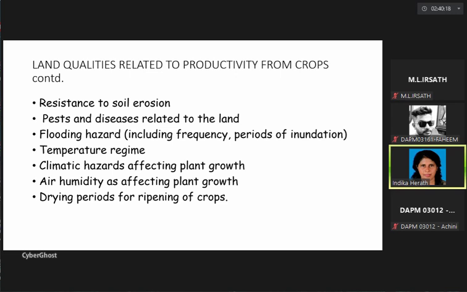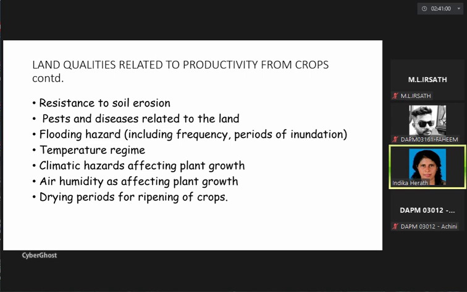Pest and disease related to the area or the land need to be considered. If there is a considerable investment, we need to consider the pest and disease conditions. Certain pests and diseases are prevailing in particular areas, so in that case, we need to be very careful in the selection of crops.